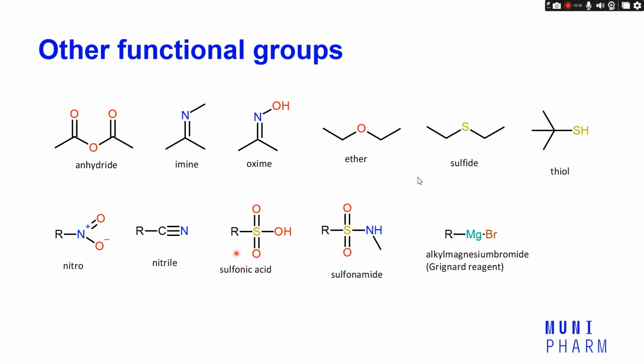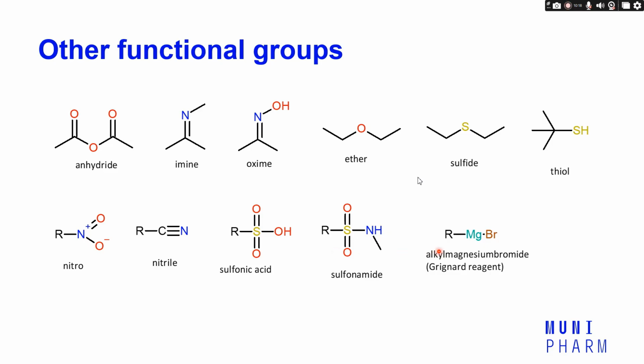This group is called sulfonic acid because this is quite strongly acidic. Again, this R may be aliphatic or aromatic hydrocarbon. Sulfonic acids can create derivatives, for example, amides, and this is called sulfonamide. I mention it here because it is quite important for pharmacists.